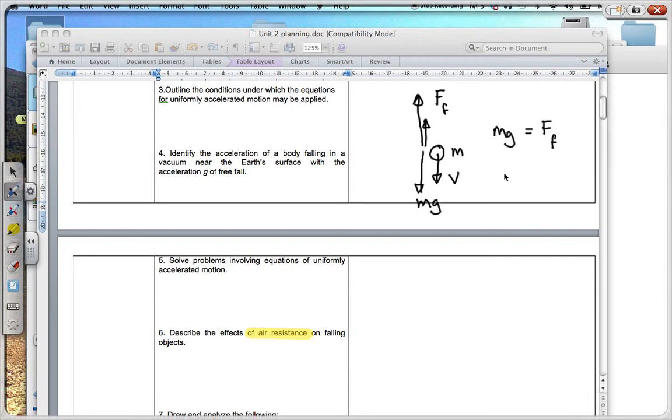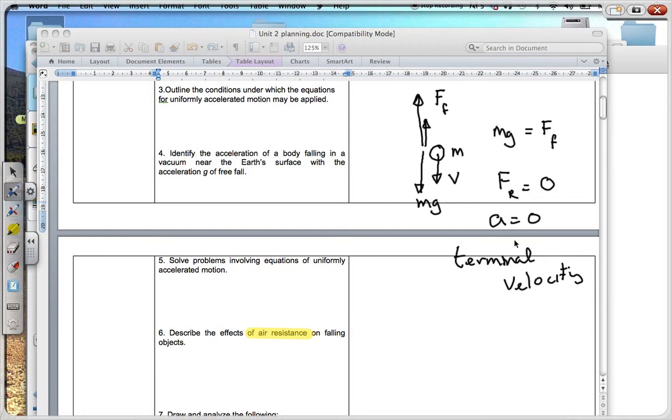Then the resultant force is equal to 0, and at that point acceleration becomes 0, and we say that the object is falling with what we call a terminal velocity.